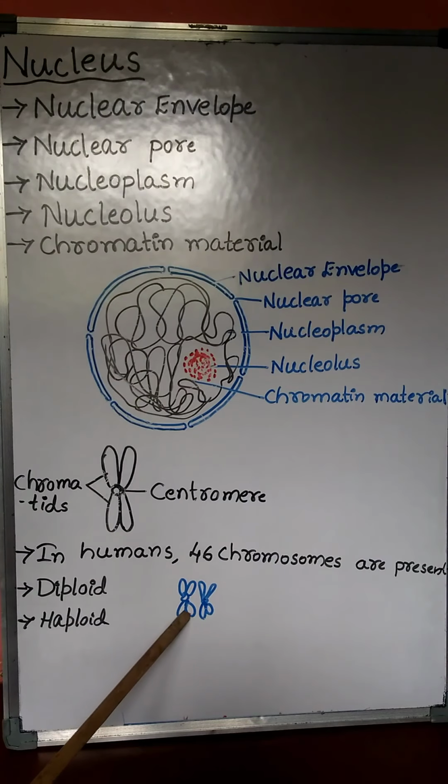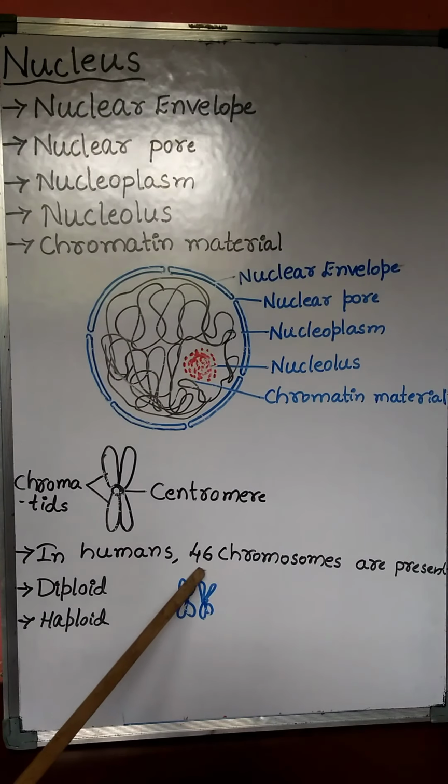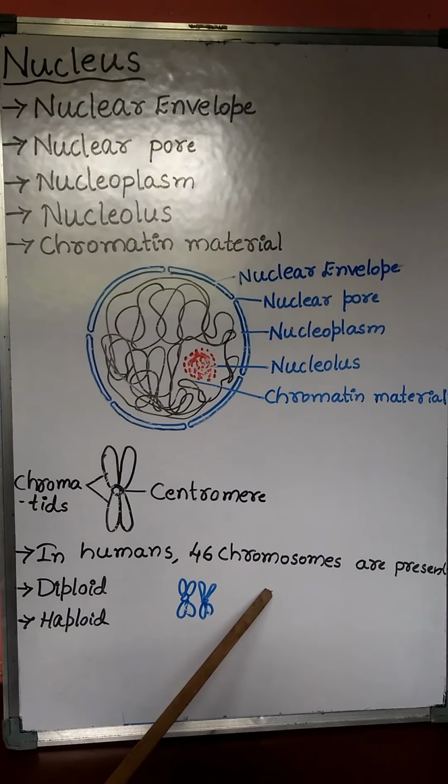In this, one chromosome belongs to father, the paternal chromosome. Paternal means belongs to father. And another chromosome belongs to mother, the maternal chromosome. Like this, 23 pairs of chromosomes are present in human beings.